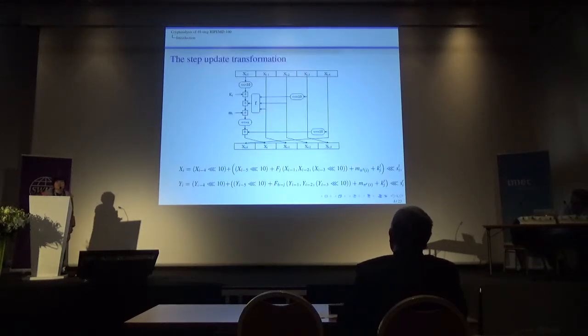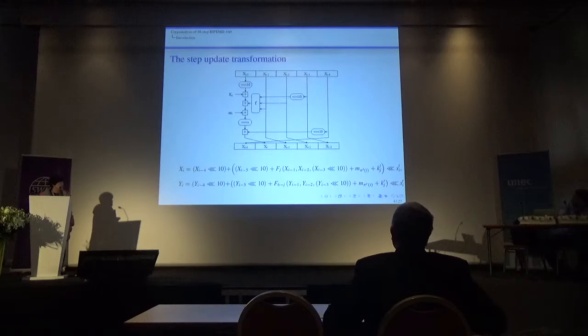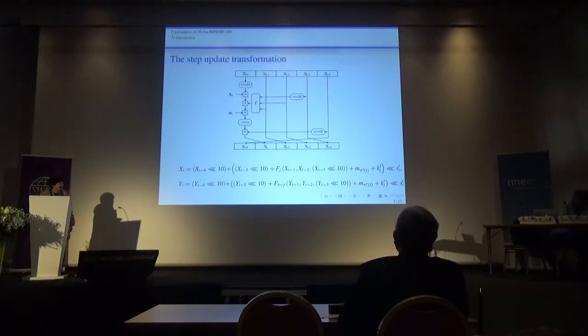Here is the step function. In order to compute xi, the inputs are xi minus 4 left rotated by 10, xi minus 5, xi minus 1, xi minus 2, xi minus 3, the message word, the constant, and the rotation value. fi is a Boolean function.